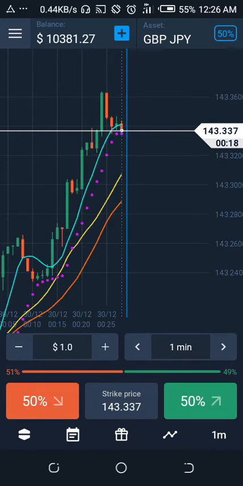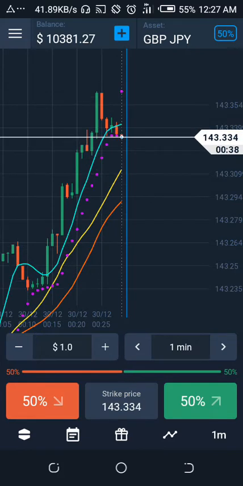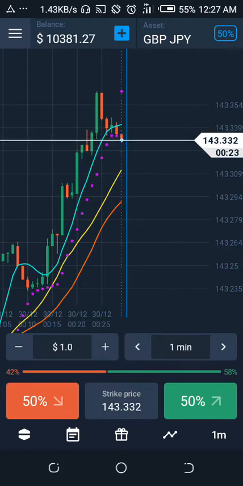Another name for sell in binary is put. If my green and yellow meet, joining together at that point, but they face upward, anything up in binary says buy.